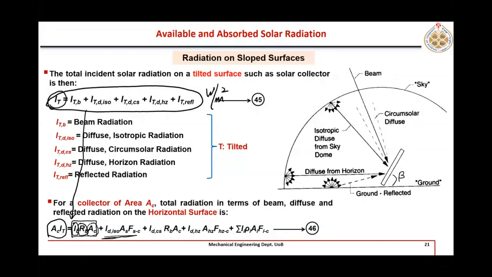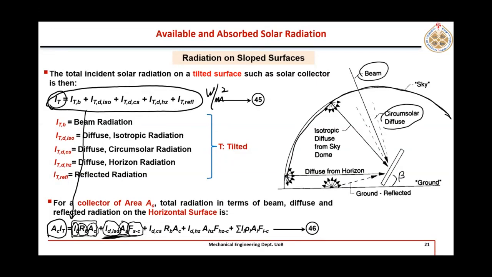Then this is the diffuse radiation, but this diffuse radiation is coming from the entire sky. So that's why this watts per meter square of diffuse radiation is multiplied by sky area. But how much of this sky is viewed by the collector? So that is the view factor. The circumsolar diffuse is just like beam radiation.